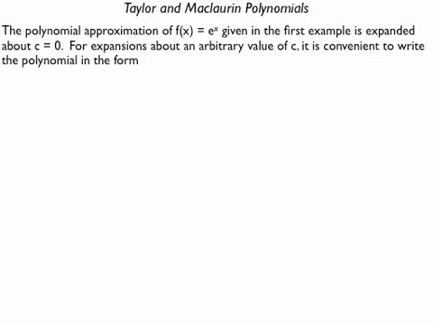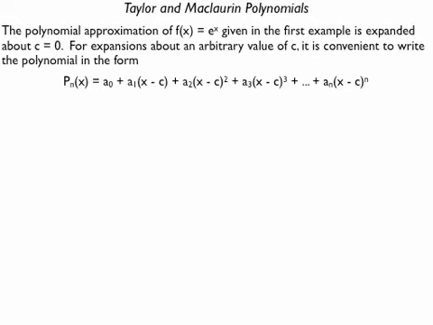All right. So Taylor and Maclaurin polynomials. The polynomial approximation for f of x equals e to the x given in the first example is expanded about c equals 0. For expansions about an arbitrary value of c, it's really convenient to write the polynomial in this form. The only difference is we have x minus c here.